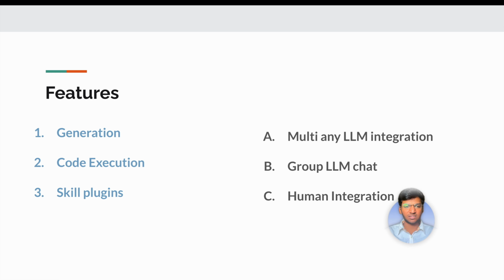Now, the important features, and why we are choosing Autogen, is that LLMs are basically used only to generate content, but when we plug multiple LLMs into the Autogen framework, it is able to generate text or code, and also execute the code which it generated itself. It can also plug in custom Python scripts which we have written manually.